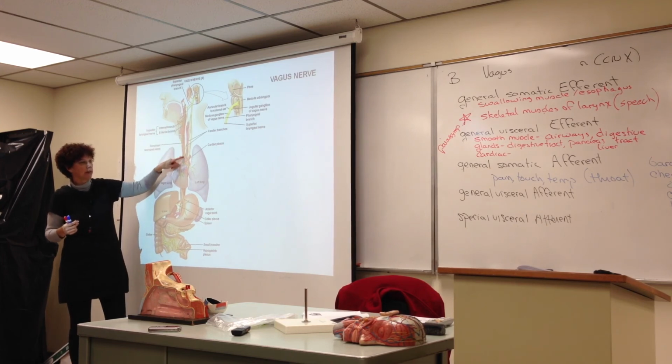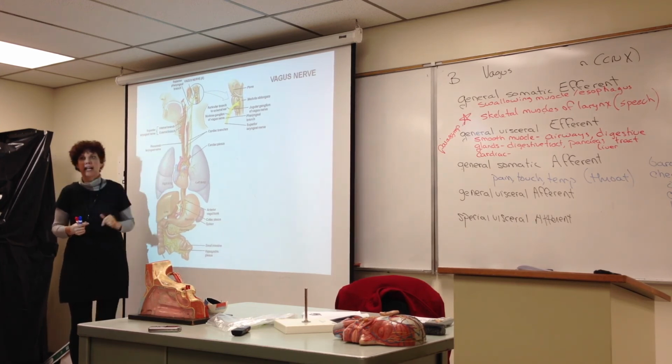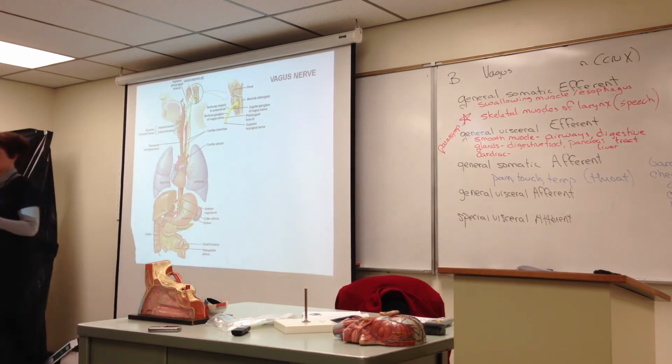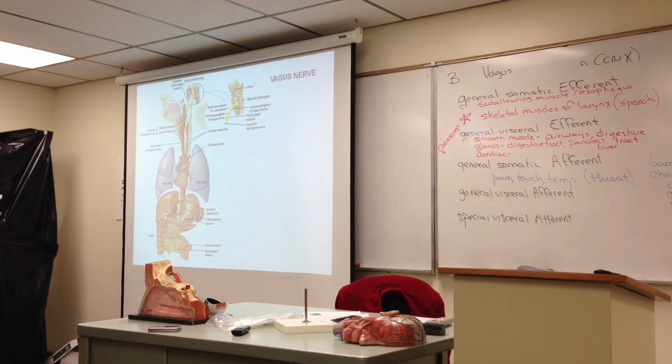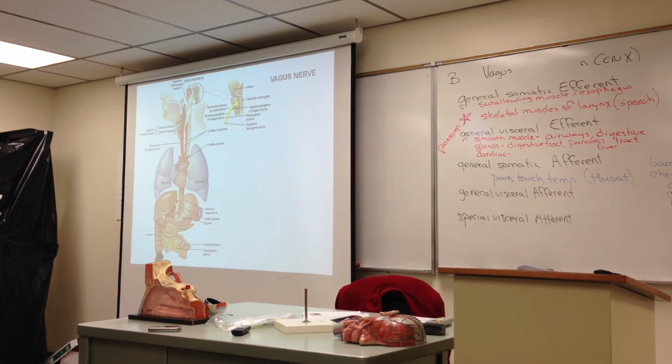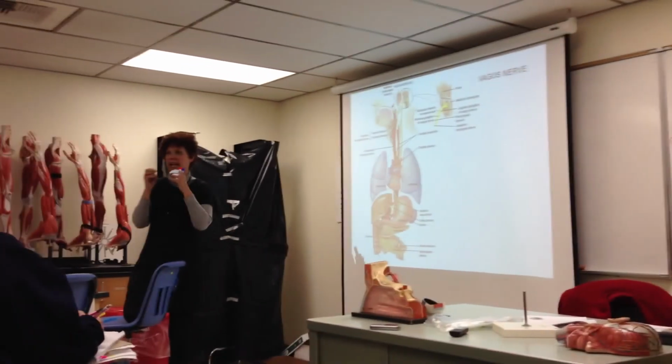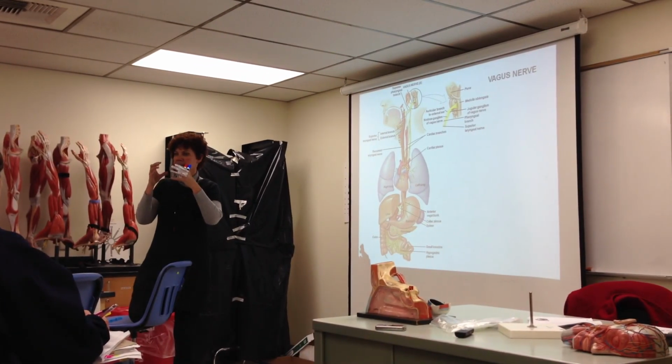On the left side, it goes around the aorta, and then goes back up. That's part of its embryonic development. The reason I mention this is some of you are doing the cerebral vascular accident, a stroke or an aneurysm. And one type of aneurysm is called a balloon. It's like blowing a bubble gum bubble, and it gets thinner and thinner, and then it pops.